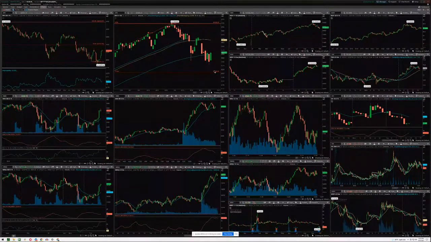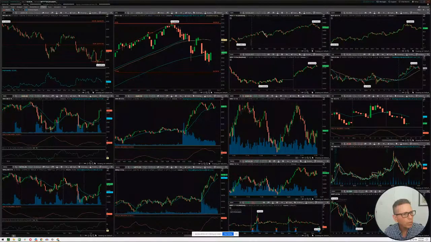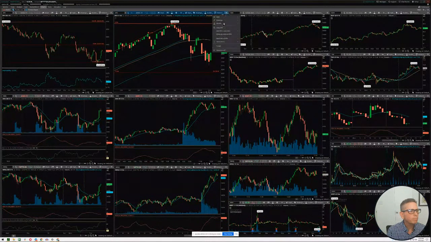Now, what are the probabilities that that's going to happen? Okay, hold on a second. Okay, so here's the chart here. Let me blow it up so you can see it, because it's important for you to get a perspective on this. Okay, here's the daily chart.